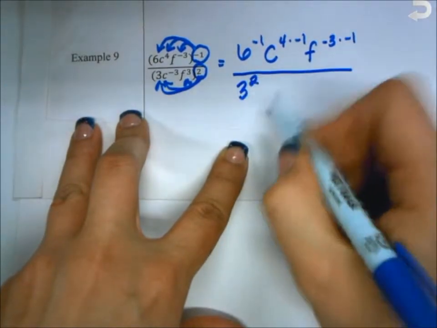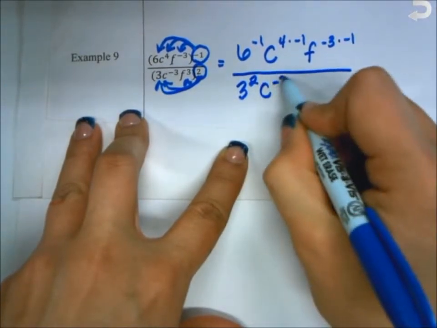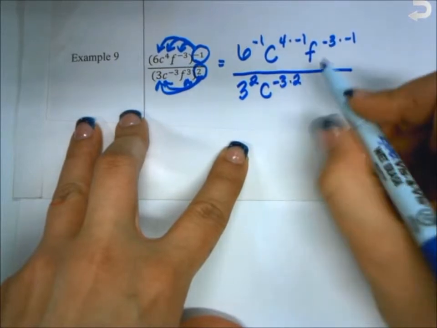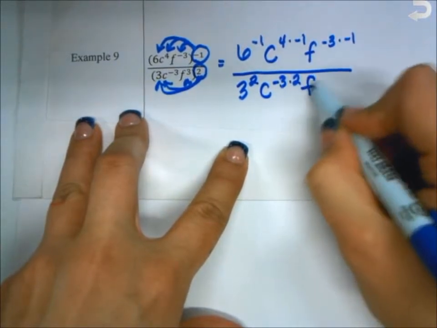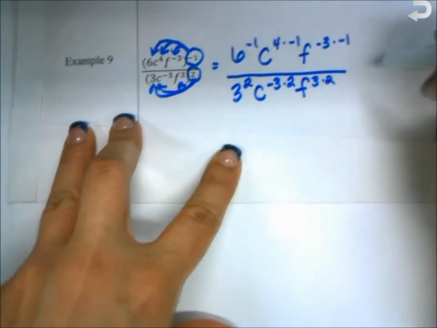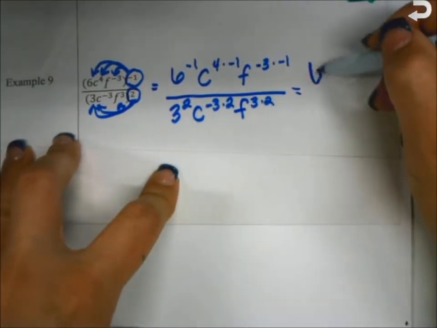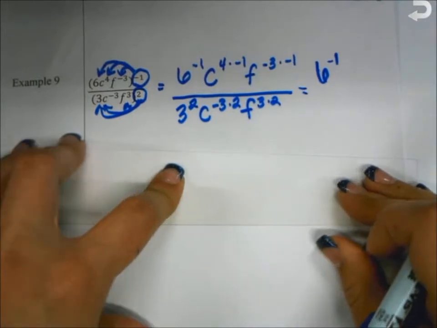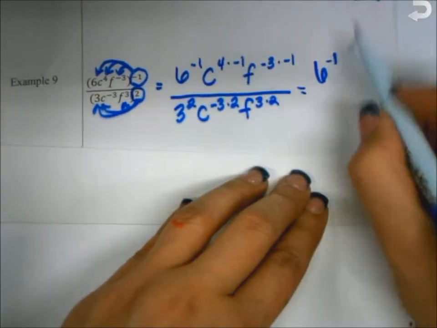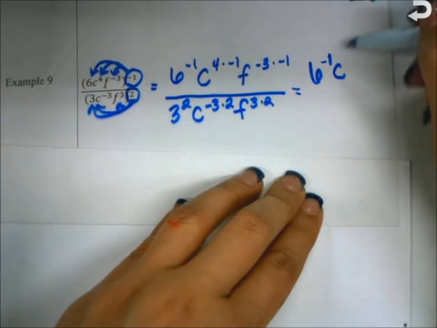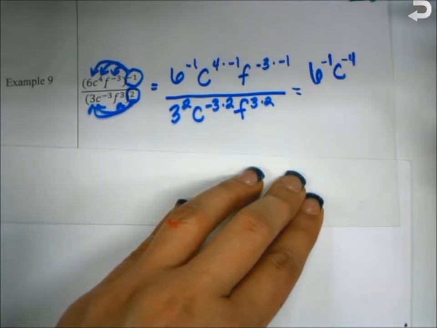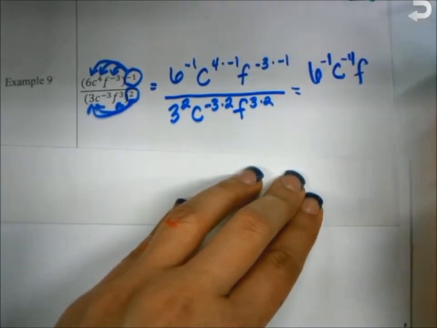Now let's evaluate that and do some multiplication. 6 to the negative 1st just stays the same. c to the 4 times negative 1 becomes c to the negative 4. f to the negative 3 times negative 1 becomes f to the third. All of that is over 3 squared. We can actually simplify that to 9.